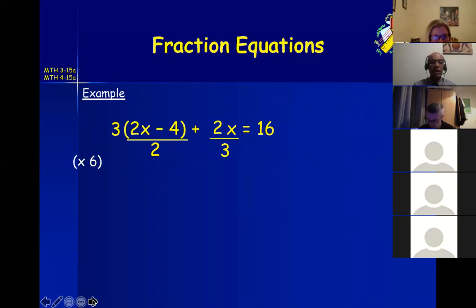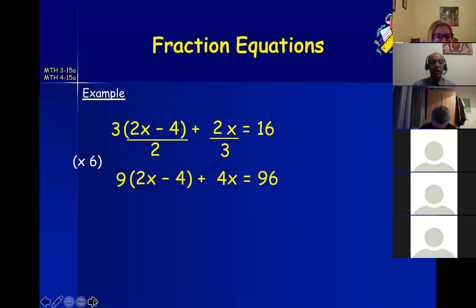We can say that my common denominator here is 3 times 2. So if I was to times both by 6, that would get rid of that 2 and that would get rid of the 3. Remember the cross and smile was telling me this is 2 times 3.